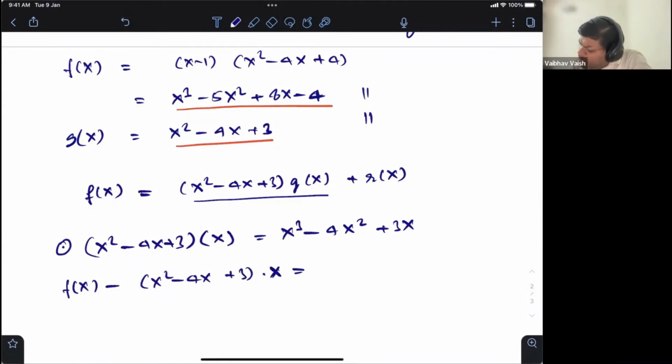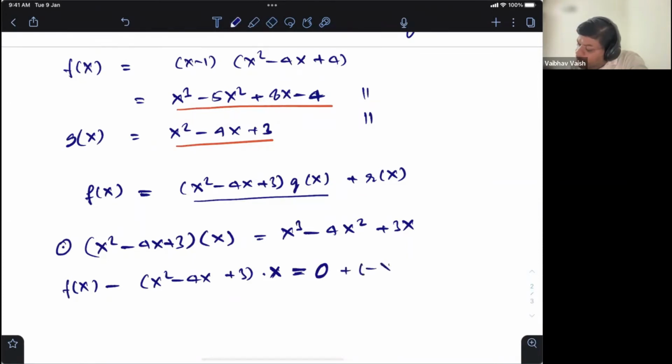So I kill the highest degree first. Okay. So when I kill the highest degree, what do I get? I have removed x cube, so this becomes 0. Minus 5x square and plus 4x square, so this becomes minus x square.